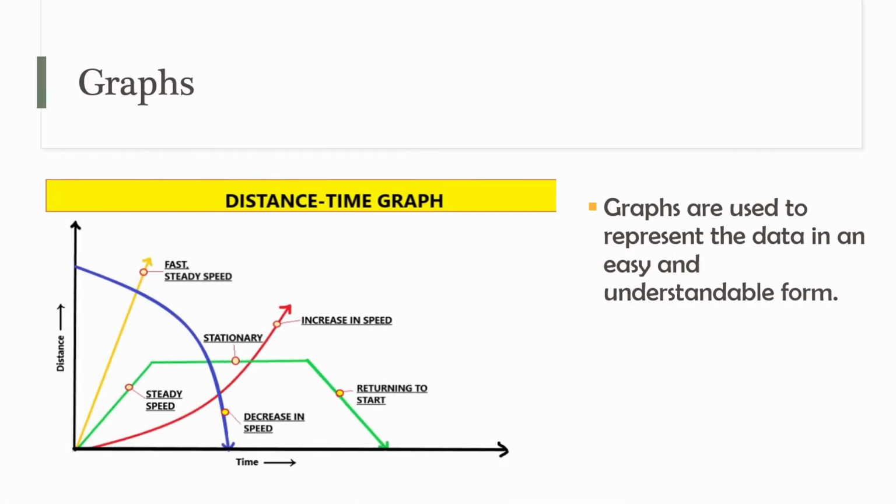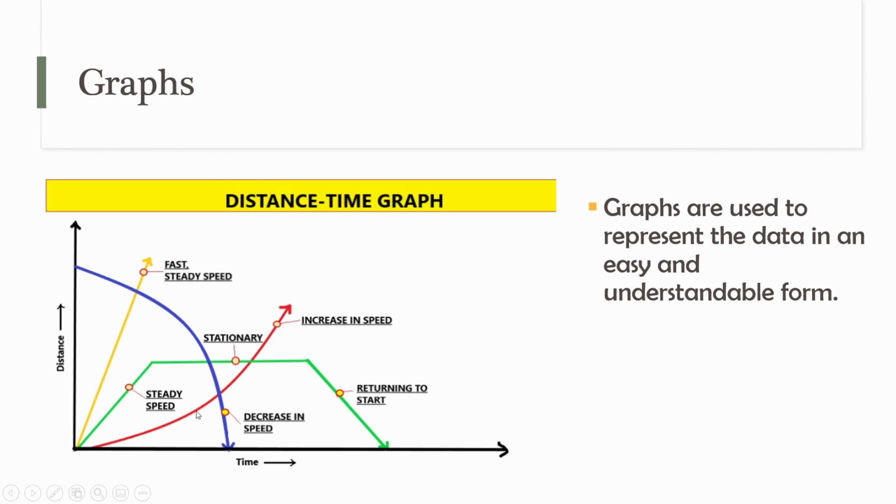Graphs. Graphs are used to represent data in an attractive and easily understandable form. Mostly, graphs are used in maths and science and in other fields of study. There are many types of graphs, but in science, mostly line graphs are used. Distance time graph. The yellow line represents fast or steady speed. The blue line represents decrease in speed.